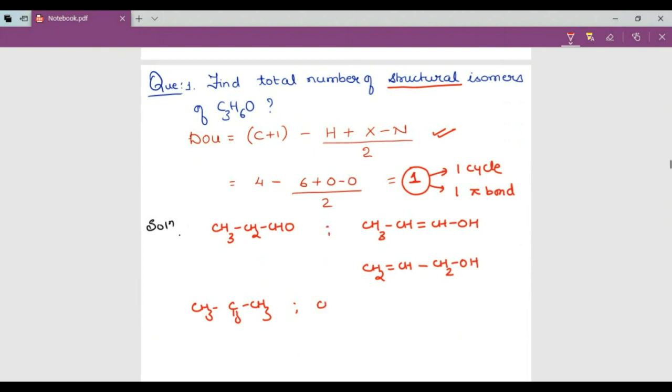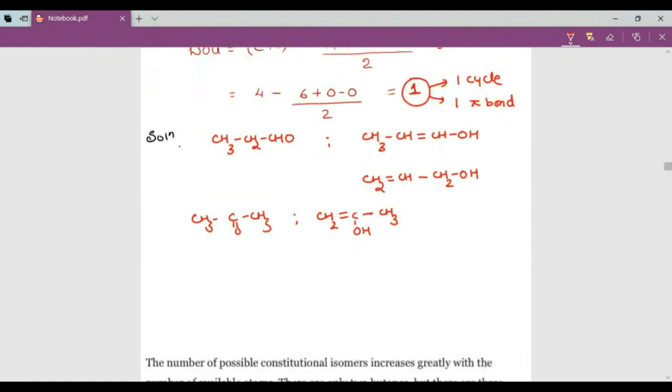The tautomer will be CH2 double bond C(OH) single bond CH3. Correct? So I found 5 in aldehyde and ketone. Then I move to the ether category. CH2 double bond CH single bond OCH3. Now I'm moving to cycle.